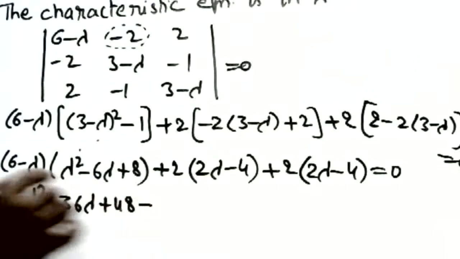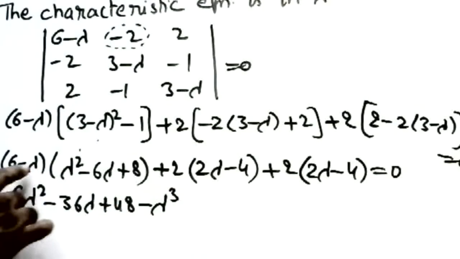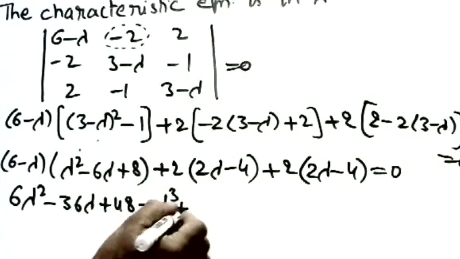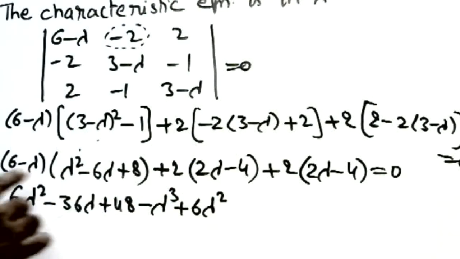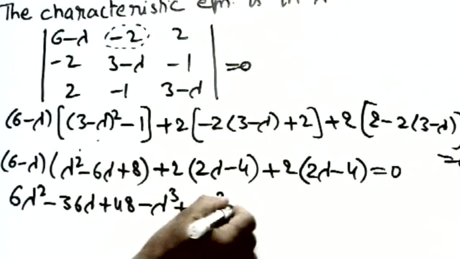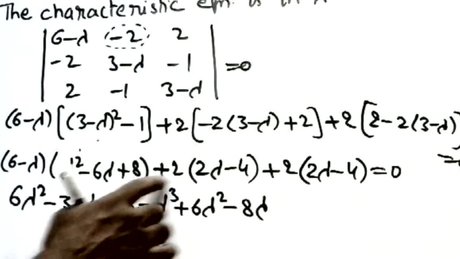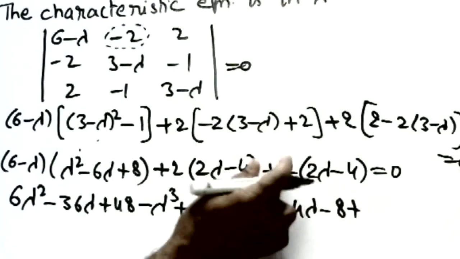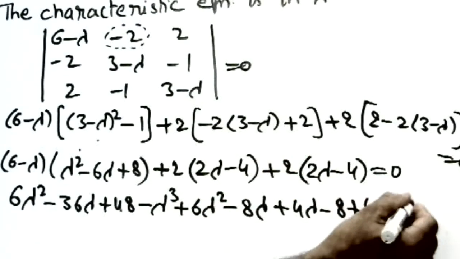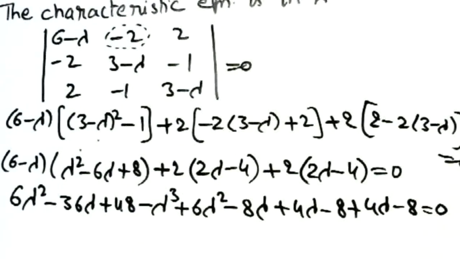Now this one, minus into plus, minus lambda into lambda square, lambda cube, minus into minus plus lambda into 6 lambda, 6 lambda square, minus 8 lambda, plus 2 2s are 4 lambda minus 8 equals 0.